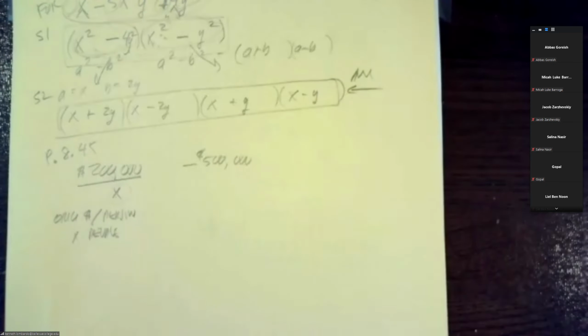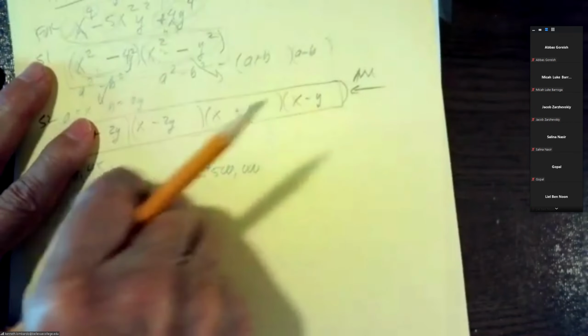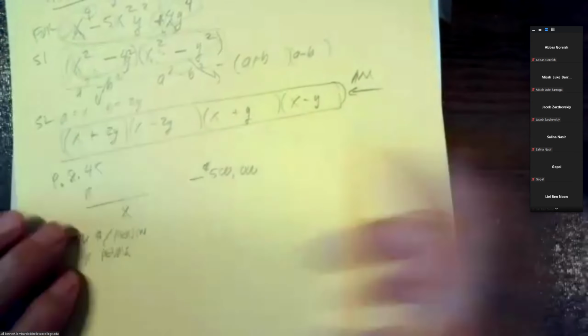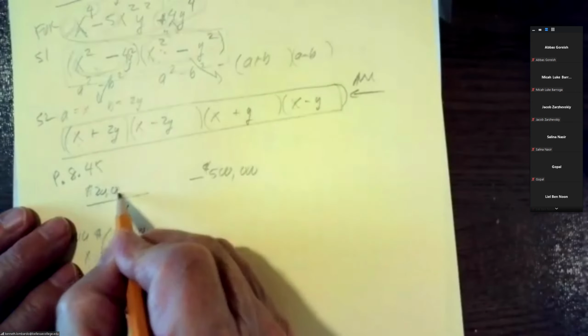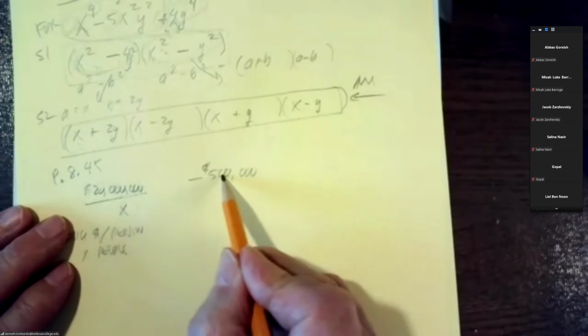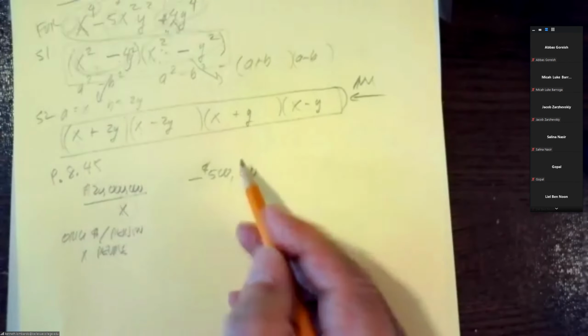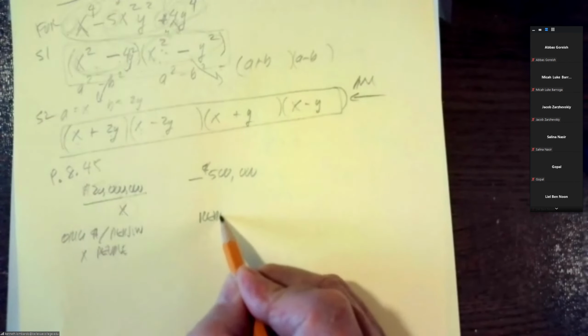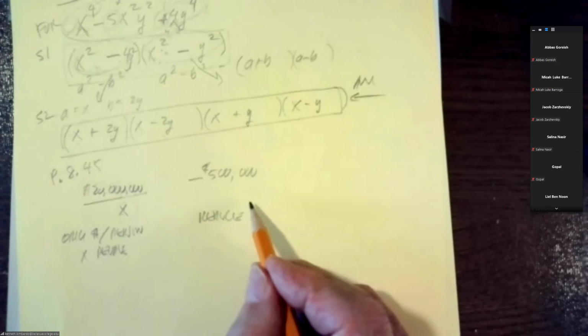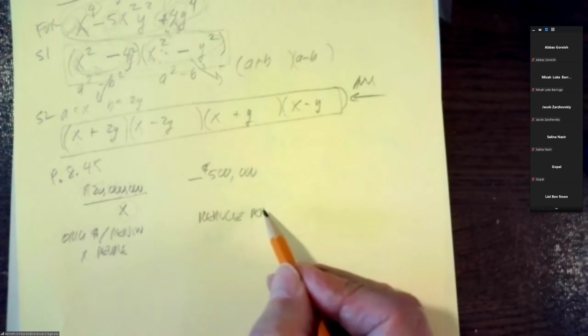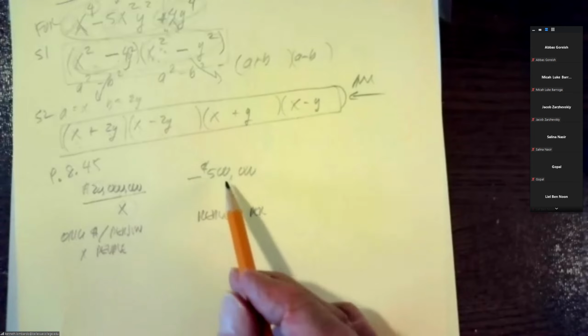And this is not 200,000, is it? Well, that number's wrong. That's 20 million. That shouldn't be 200,000. That should be 20 million. And then 500,000. So we're going to reduce by 500,000.